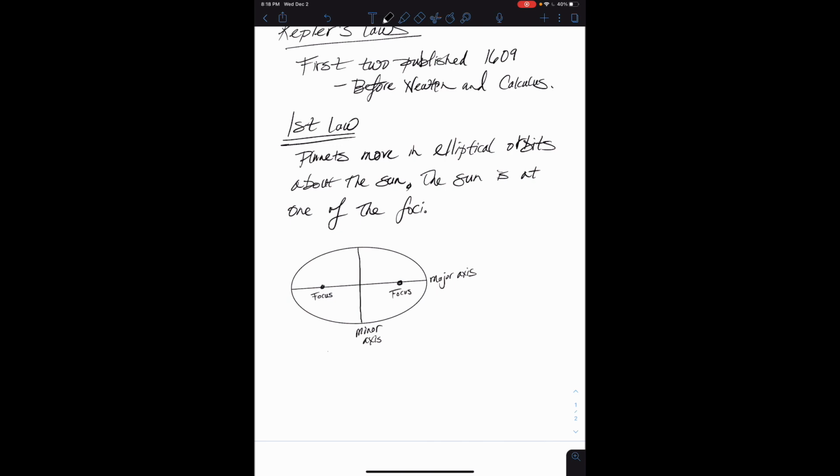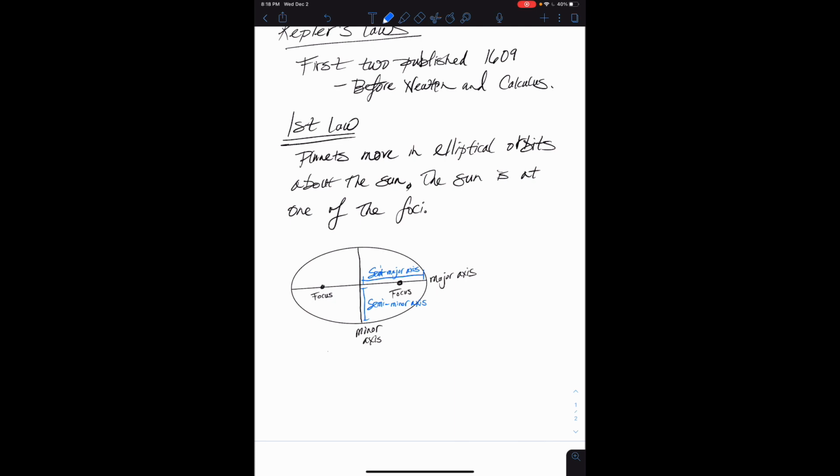And furthermore, just in case, because I think I'm going to reference this later, this is the semi-major axis. It's just half the major axis. And this would be, right here, the semi-minor axis. Okay, good.